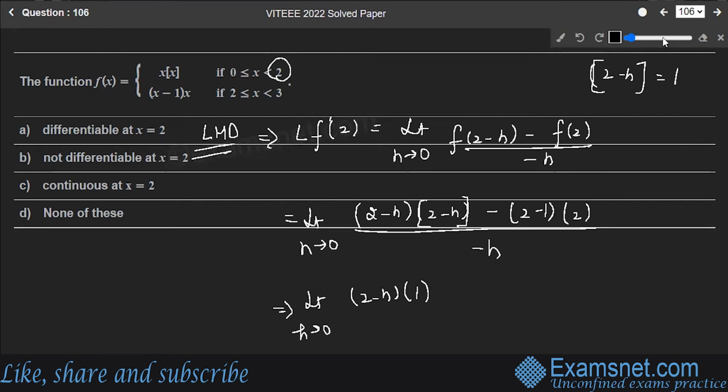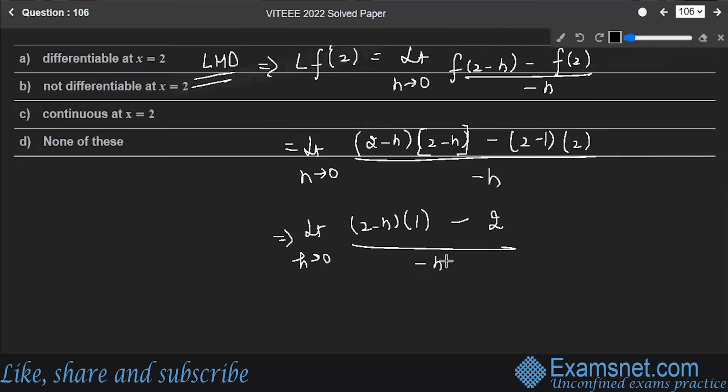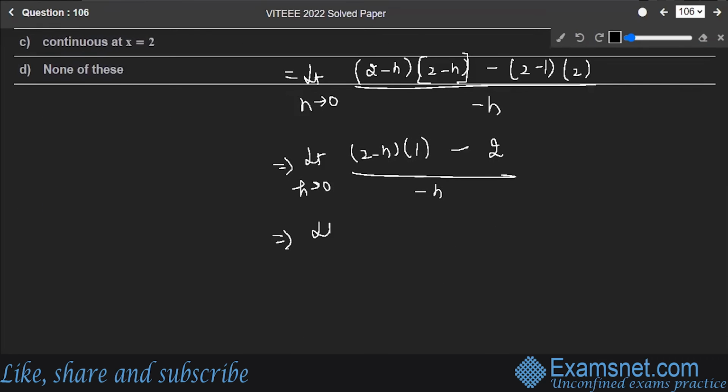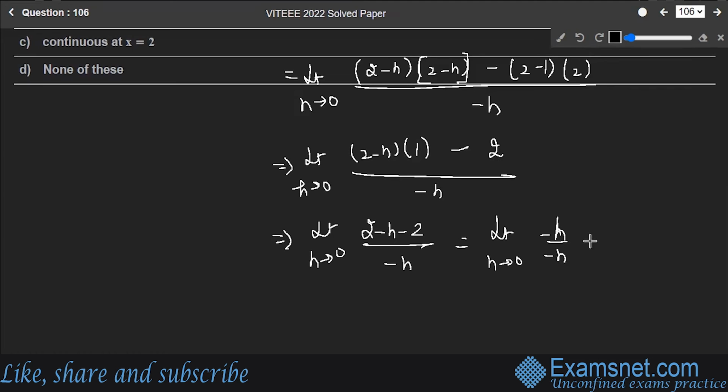Minus this, 2, divided by minus h. So that is the limit of (2 minus h minus 2) upon minus h, which is equal to 1.